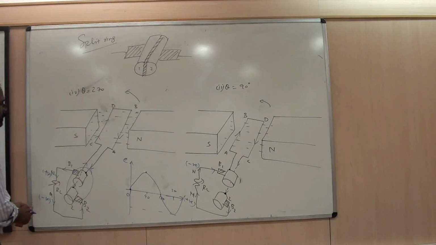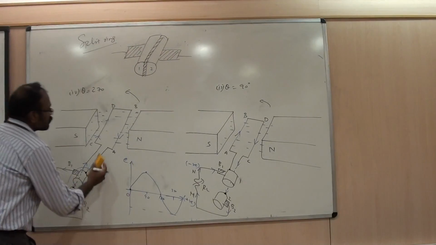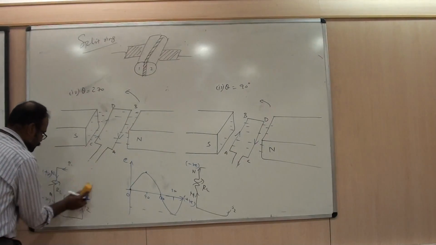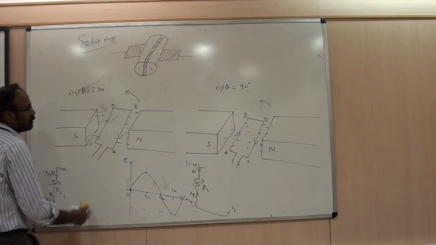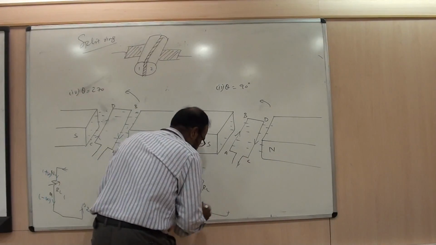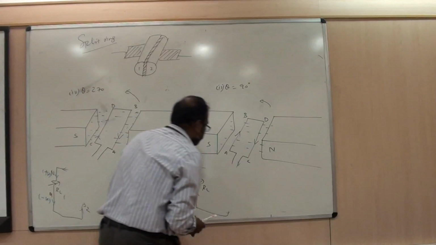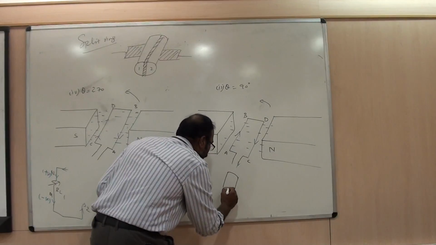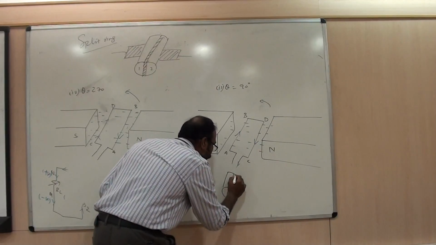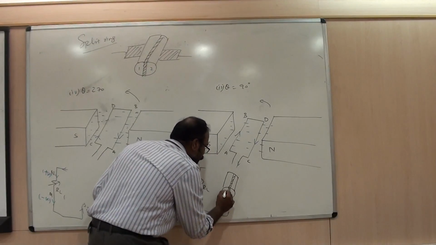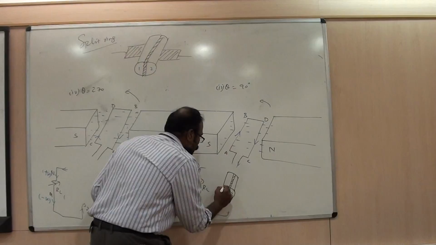Now let us replace it and check whether it is converting the AC to DC. We'll replace the slip rings with the help of split rings. So this is segment 1 and segment 2.